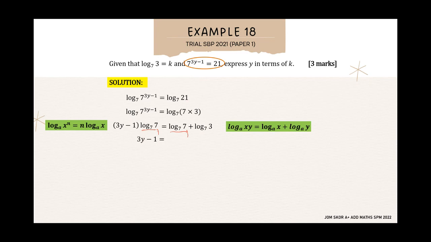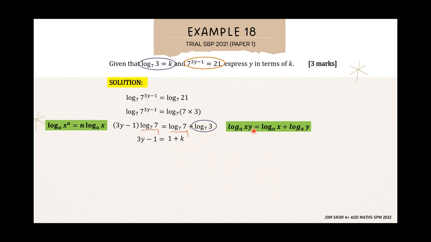Okay, kita akan dapat 3y minus 1 is equal to 1 plus apa? Betul kita tengok daripada information yang diberi. Okay, nampak kita ada log 3 base 7 sama dengan k. Samakan dengan expression yang kita baru saja dapat. Okay, nilai ni adalah sama dengan k. So on the right hand side we have 1 plus k.